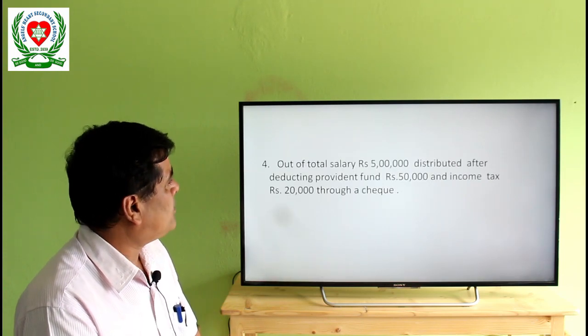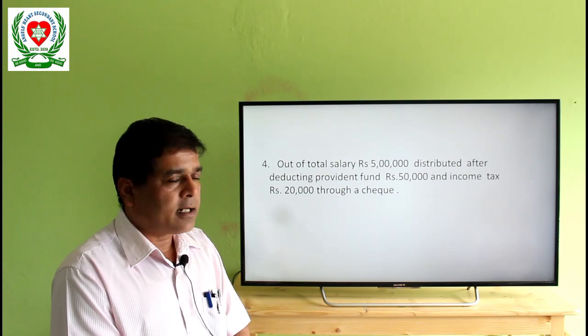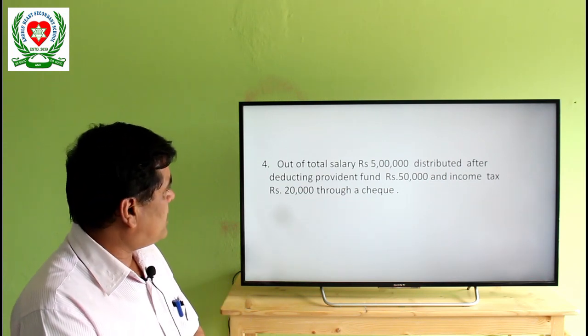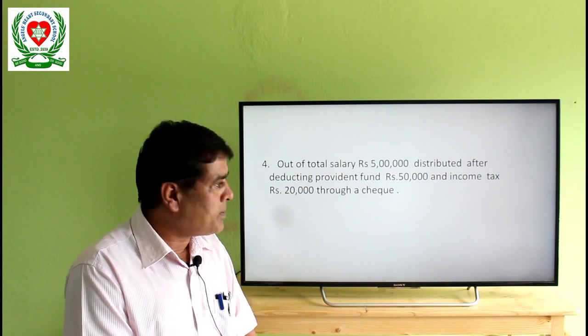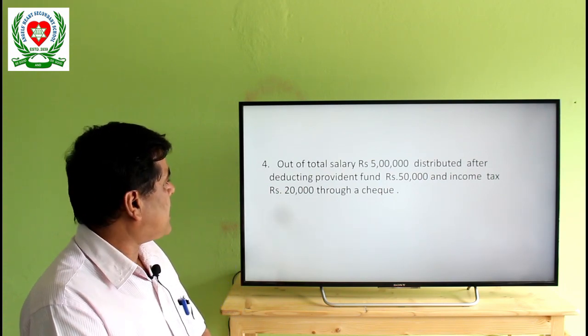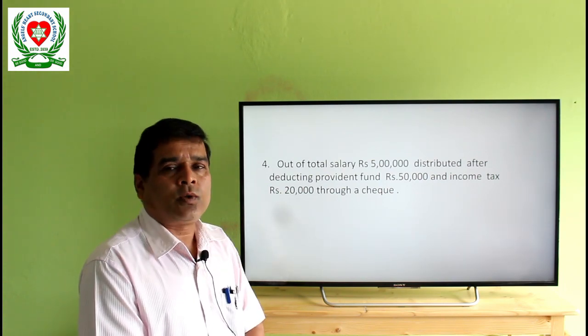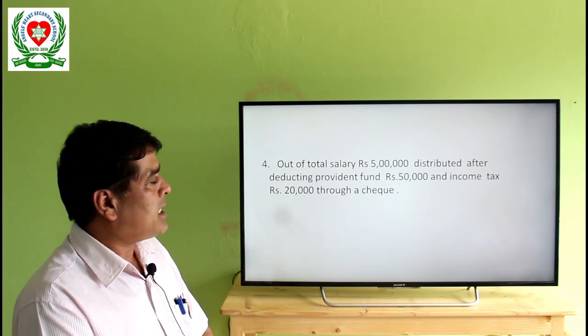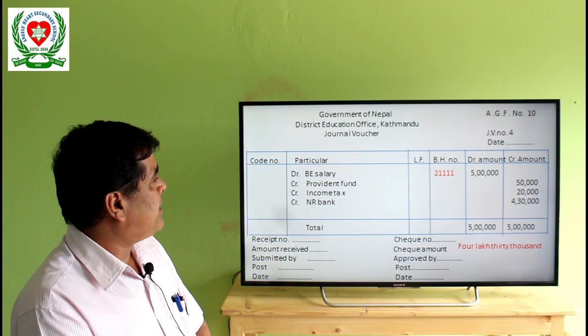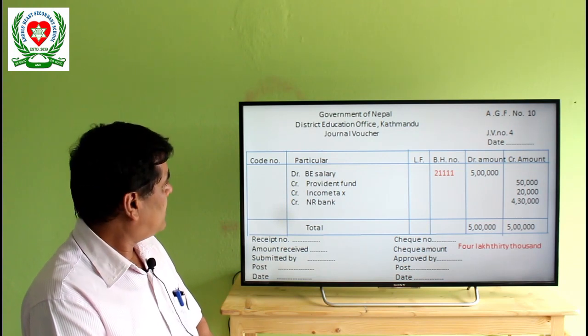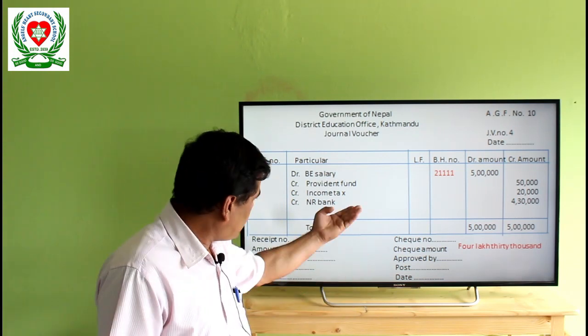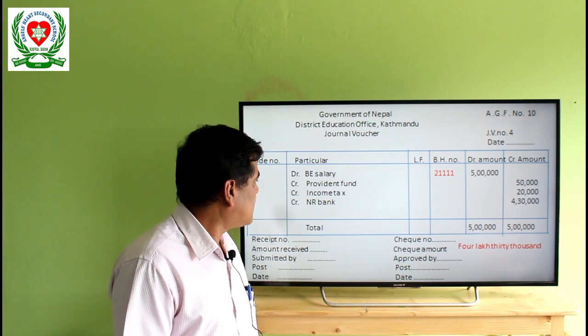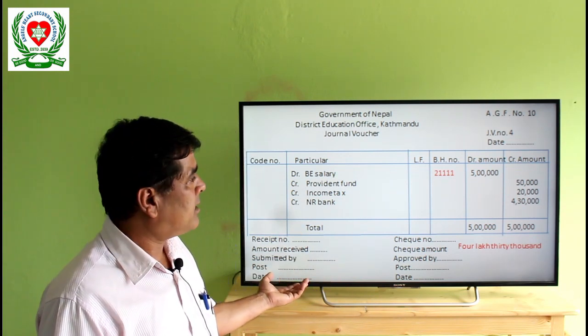Another example: out of total salary, rupees 5 lakh is distributed after deducting provident fund rupees 50,000 and income tax rupees 20,000 through a check. For this question, the journal voucher is debit salary, credit provident fund, credit income tax, and credit NR Bank.